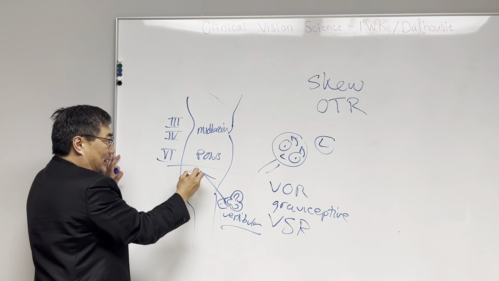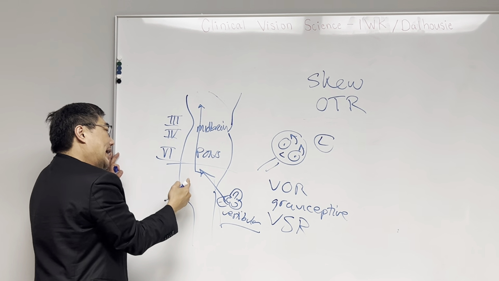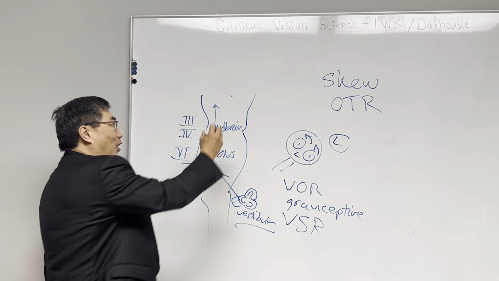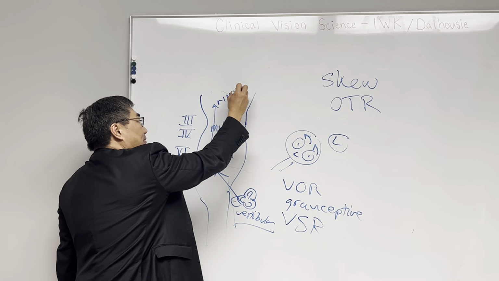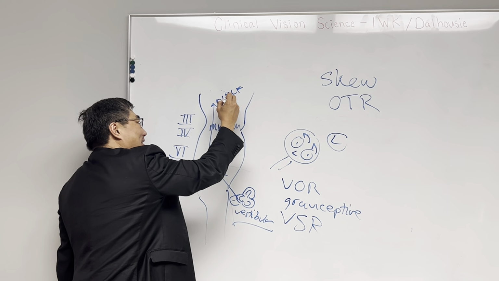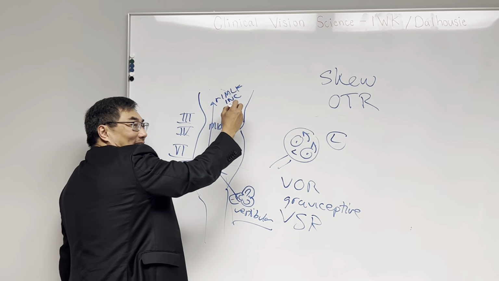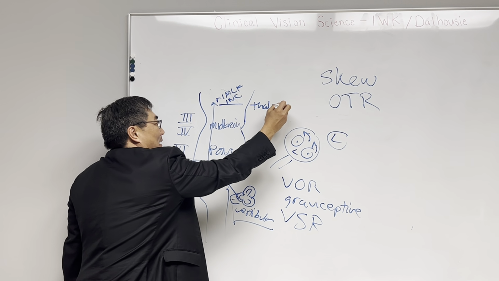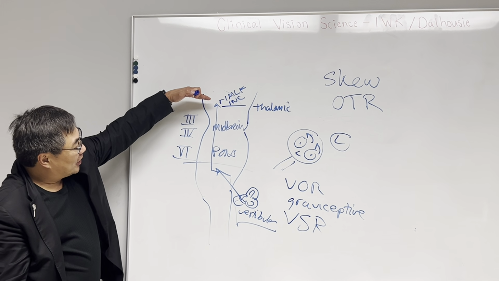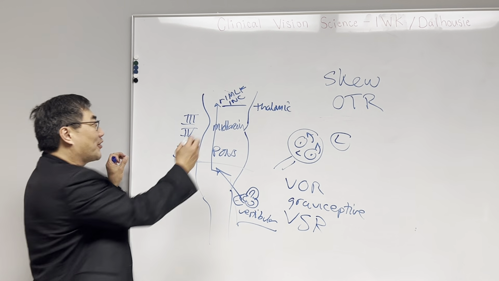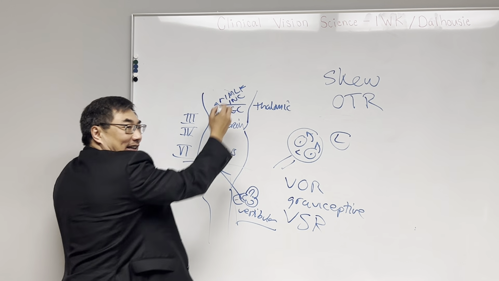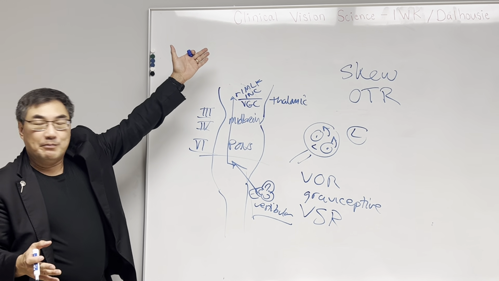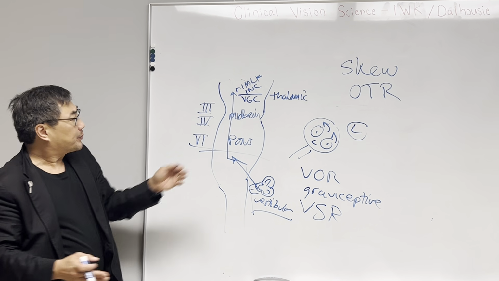And the way it talks to them is through a medial longitudinal fasciculus that extends rostrally to the vertical gaze center, which is in the macaque monkey, the interstitial nucleus of Cajal. The vertical gaze center is at the thalamic mesencephalic junction. So at the junction of the thalamus and the midbrain is your vertical gaze center, including the interstitial nucleus of Cajal and the rostral medial longitudinal fasciculus.